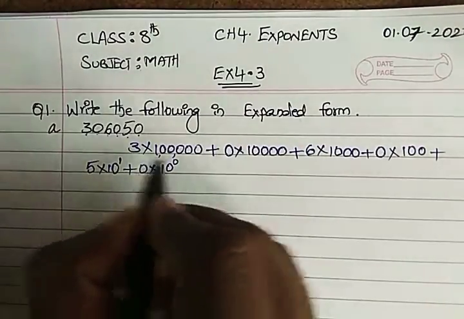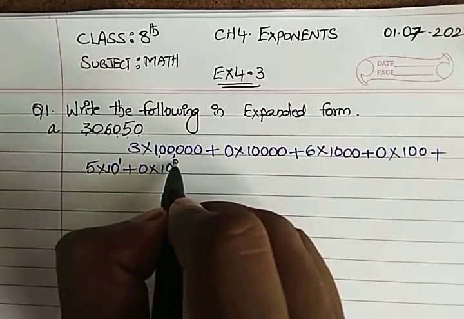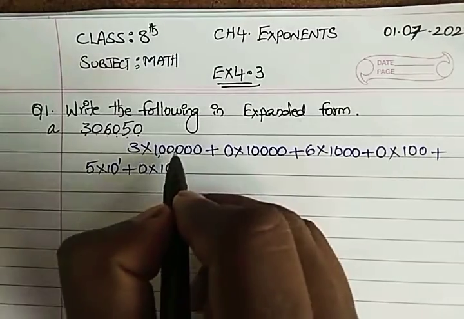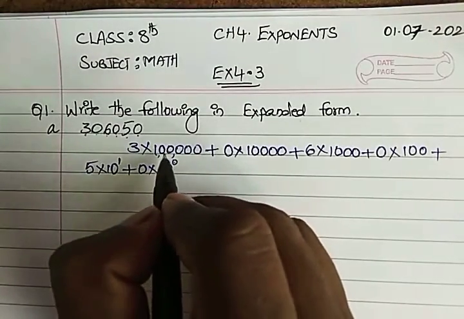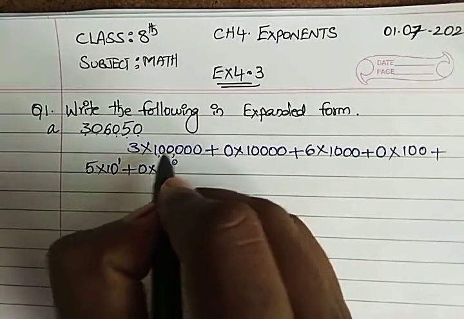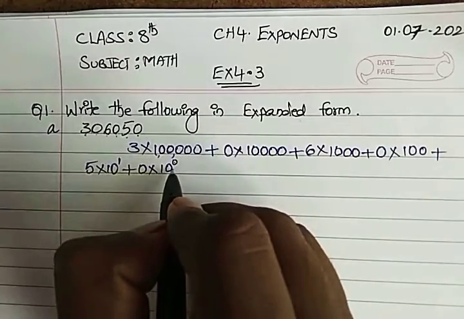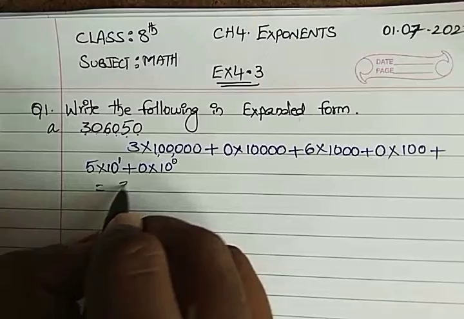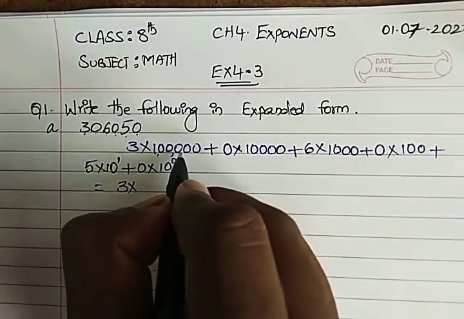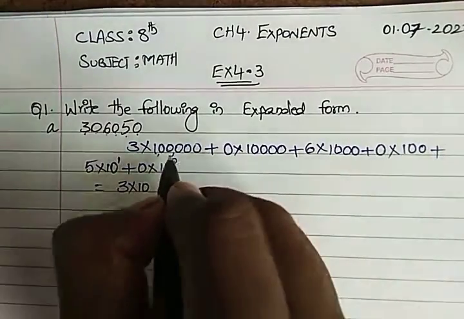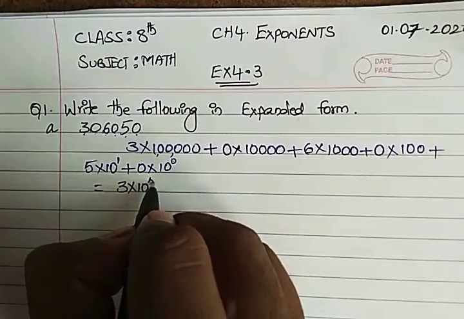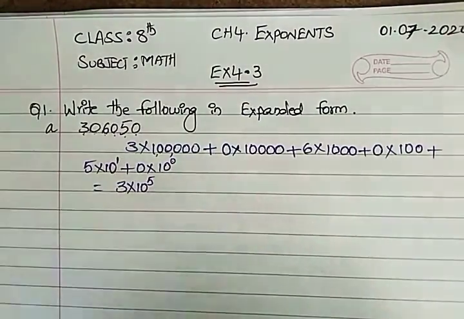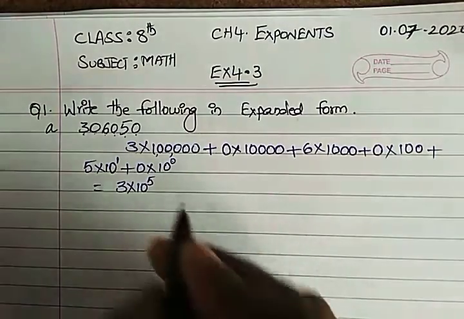We come from the top to bottom, from the more number of zeros to the least number of zeros. In other words, here it is 10 power 5, and when it comes to the end it is 10 power 0. Now 3 into 10 power 5, 5 zeros are there, simply you can write it as 10 power 5. If you multiply 10 five times, that's what you get, 1 lakh.